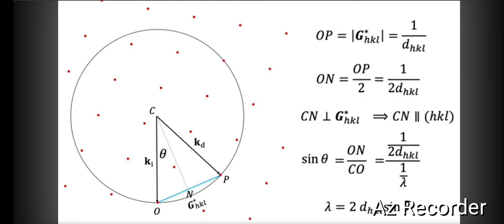So what we are showing here, that the condition that the reciprocal lattice point P lies on the Ewald sphere is equivalent to the condition that the corresponding plane HKL satisfies Bragg's law in direct space. So the Ewald sphere construction in reciprocal space is exactly and entirely equivalent to Bragg's law in direct space.